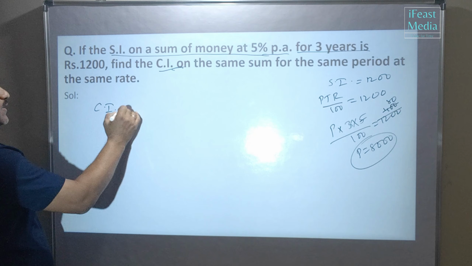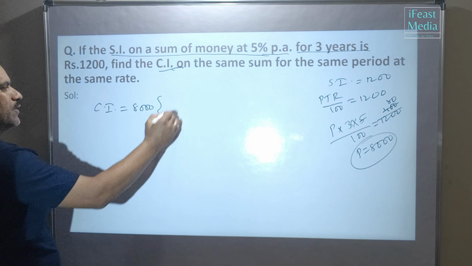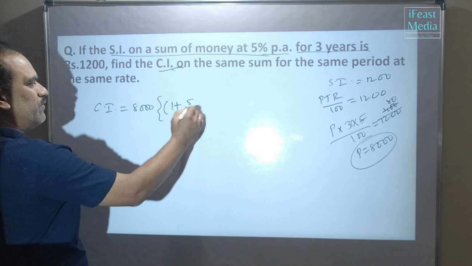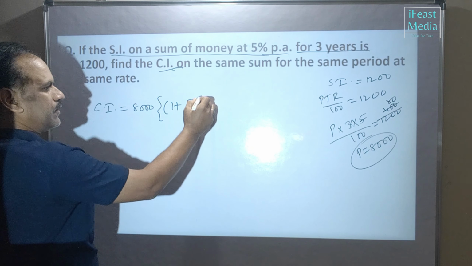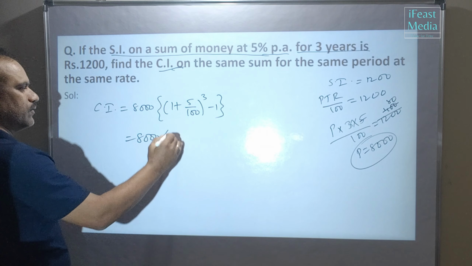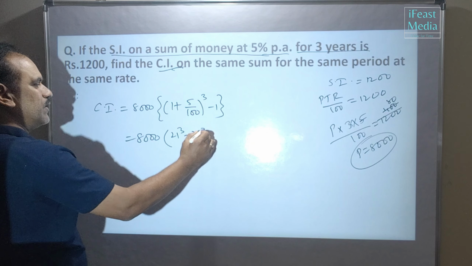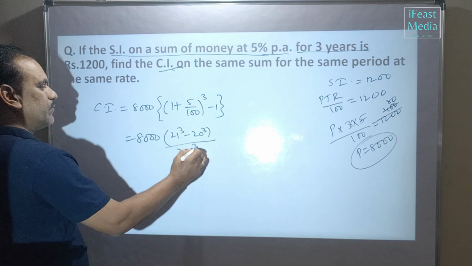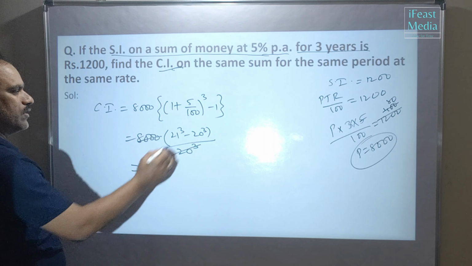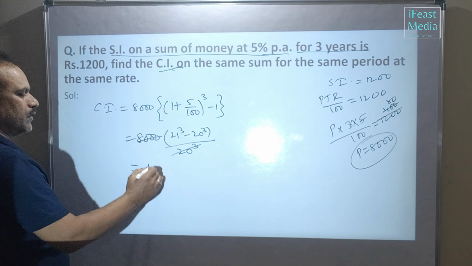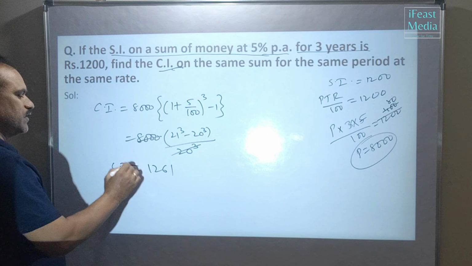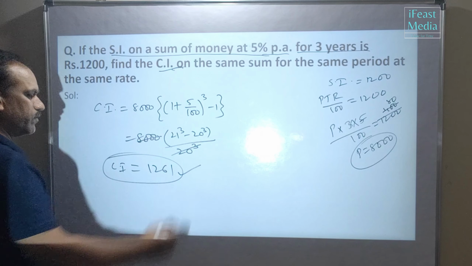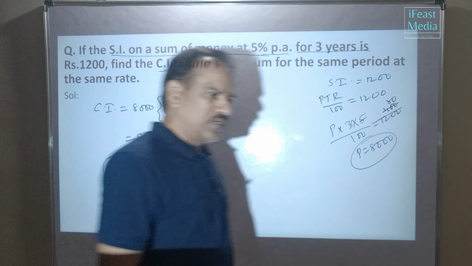What is compound interest? 8000 into 1 plus 5 by 100 whole power 3 years, same period means same 3 years, minus 1. 8000 into 21 cube minus 20 cube by 20 cube. 20 cube is 8000. 21 cube minus 20 cube is 1261. So the compound interest is 1261. I told you to remember this in the previous problem.